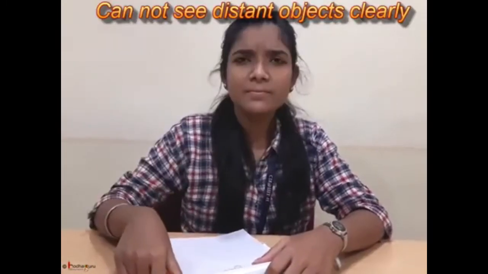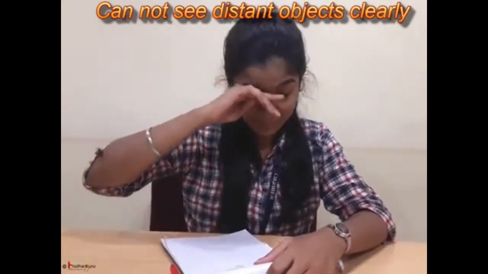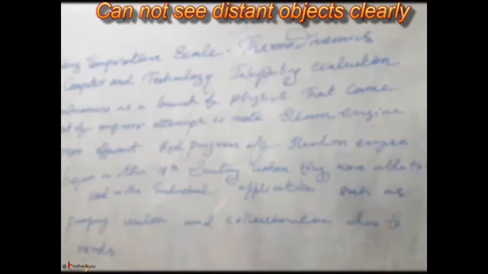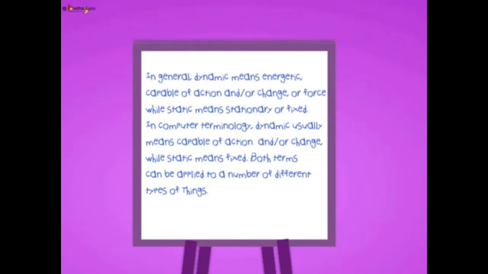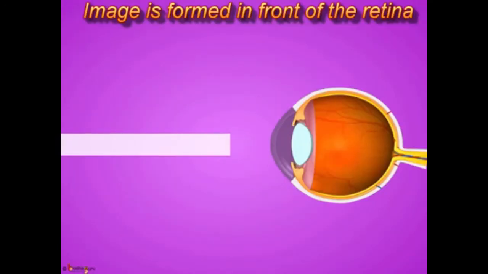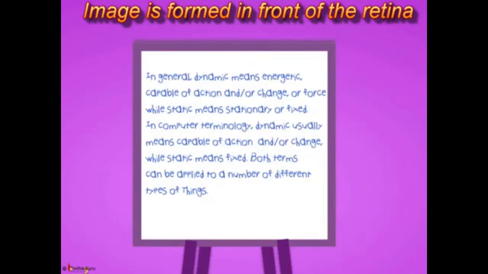Here we see a person who is not able to read what is written on the blackboard from far distance. In this case of myopia, parallel rays coming from distant object after refraction through eye lens form an image before retina instead of on retina.